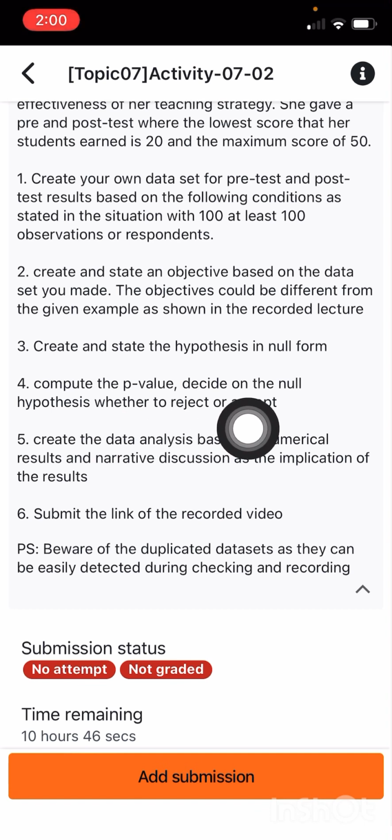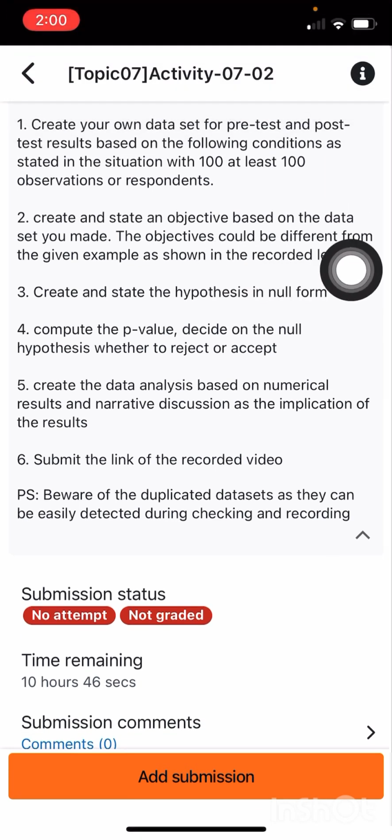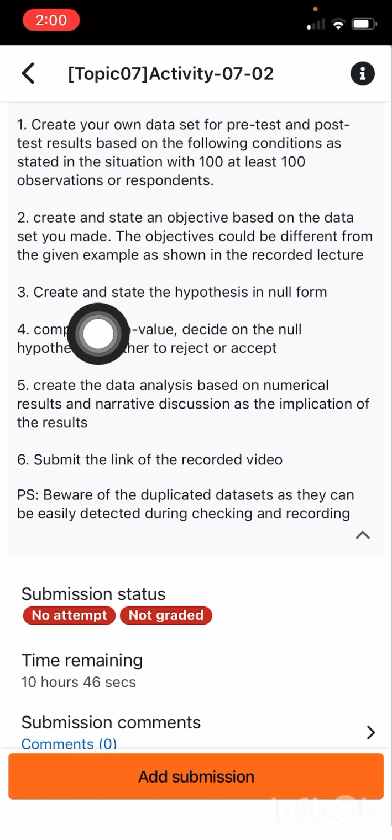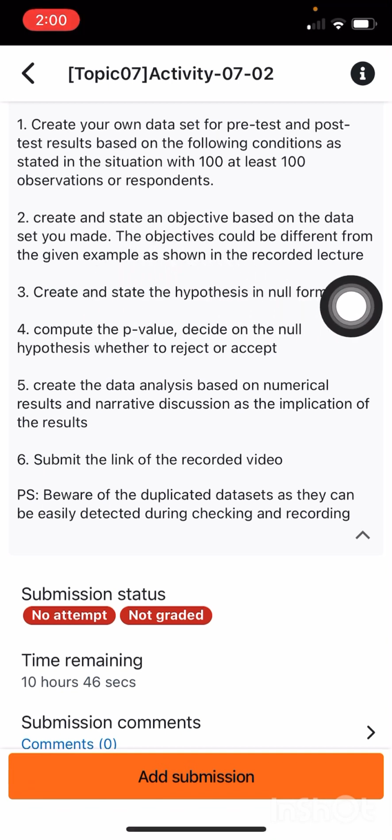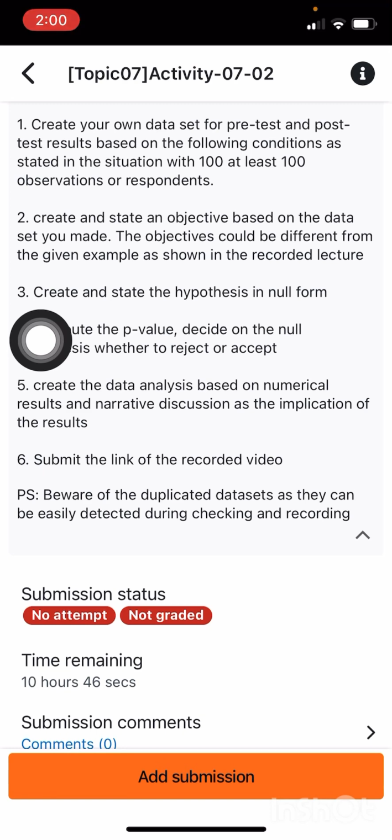We will compute the p-value and decide whether to reject or accept the hypothesis. And we will calculate the Kolmogorov-Smirnov to know the normality test.